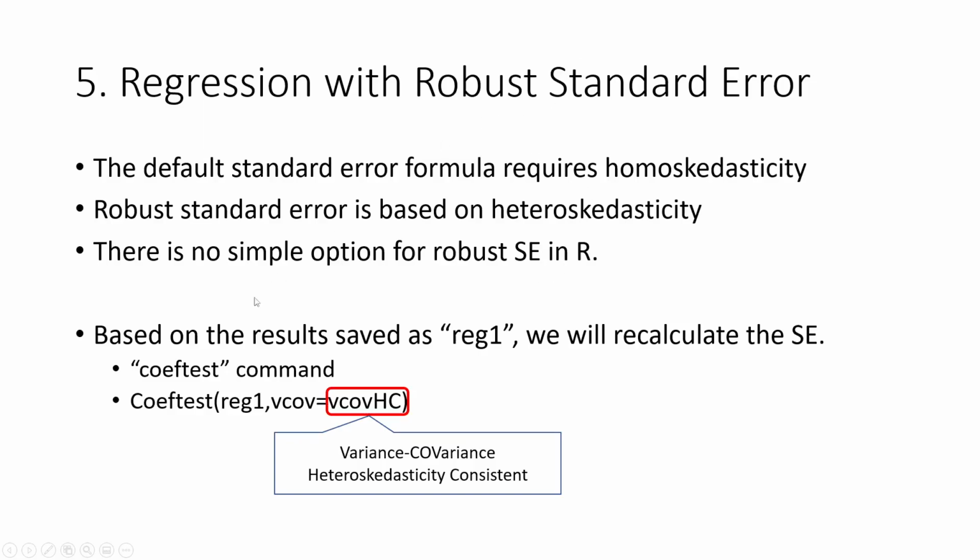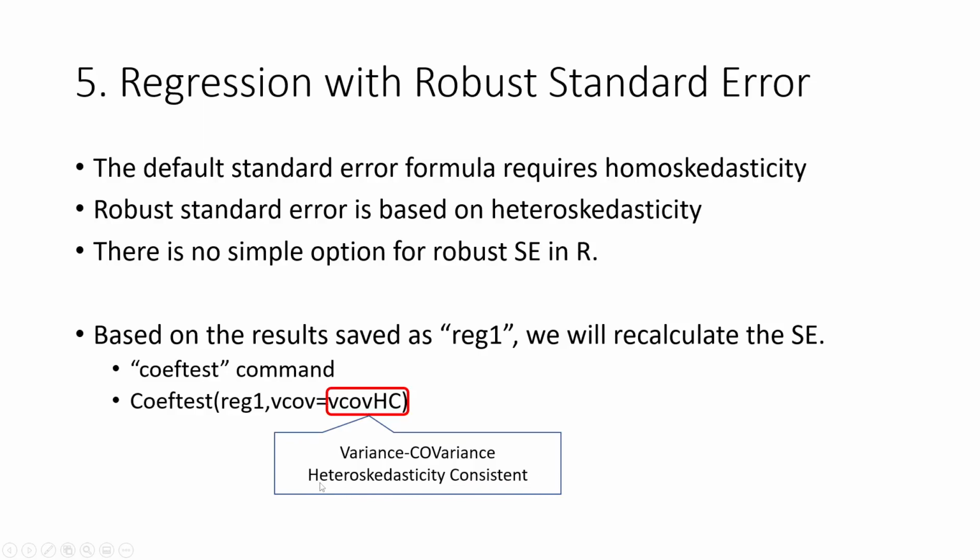our plan is we are going to use the coefficient test command to implement robust standard error. Here I'm going to call it robust standard error, but it is also called heteroscedasticity consistent variance covariance estimator.